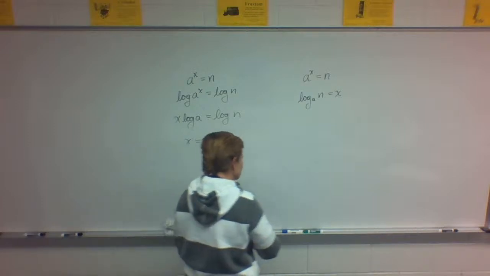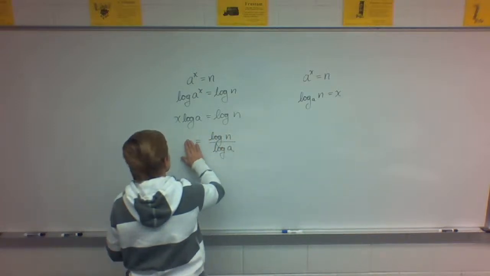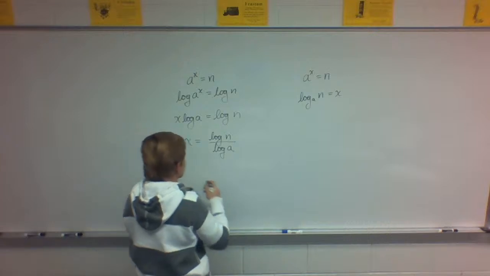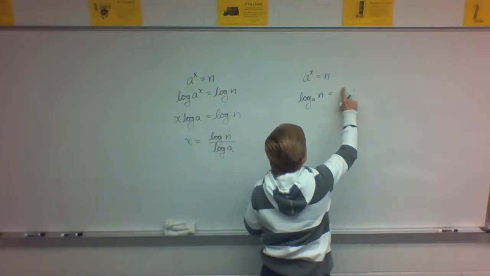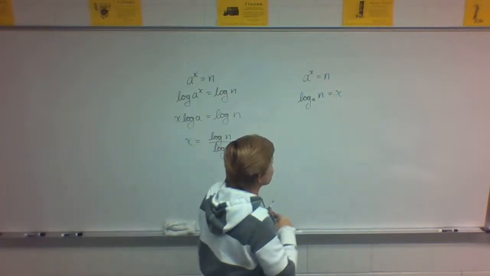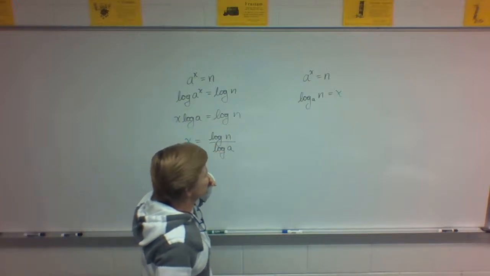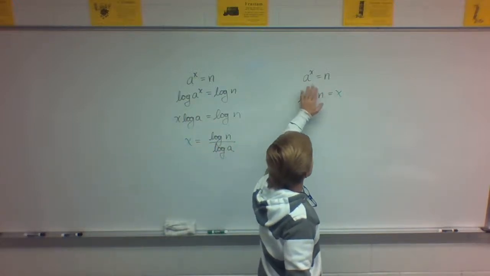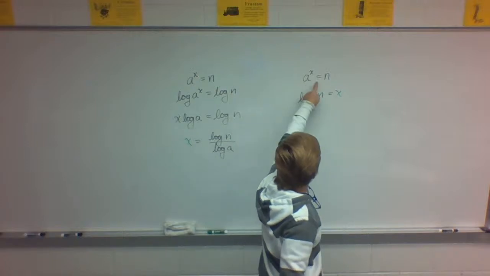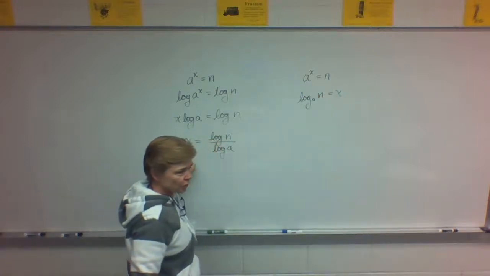Okay. Again, I'm going to change color on you so that you can focus on something. This x right here is exactly the same as this x right here because they both stemmed from the same expression. It's just that this was handled algebraically by logging both sides, and we got this. This one over here, we changed the exponent, the very same expression, to a logarithm. So that this green x and this green x are the same ones. Do you agree?